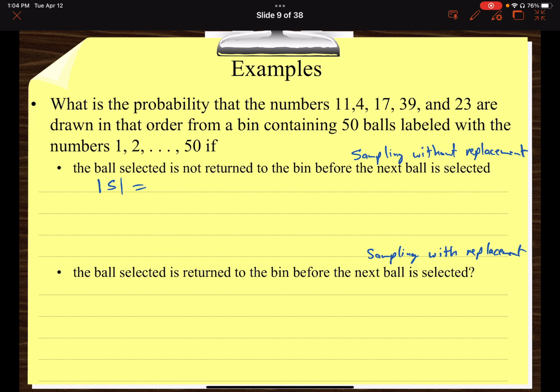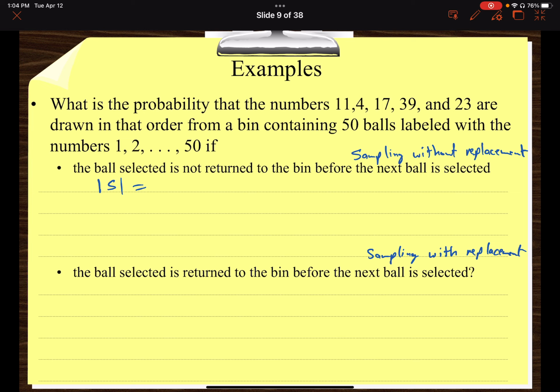What is the size of my sample space? What is the cardinality of my sample space in this case? What is the size of the sample space?